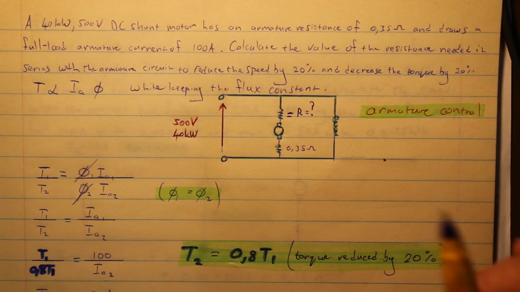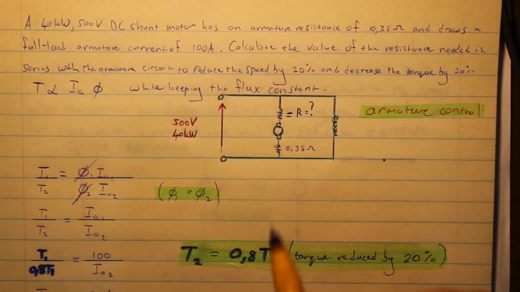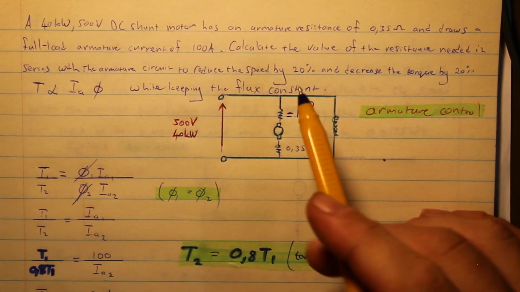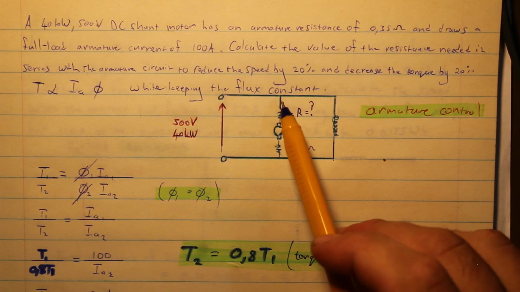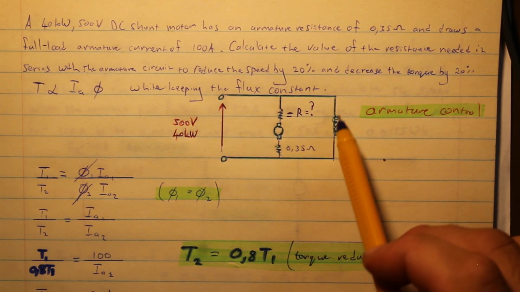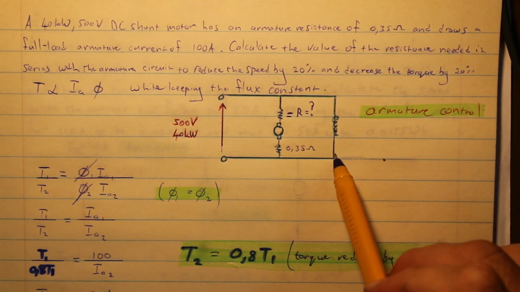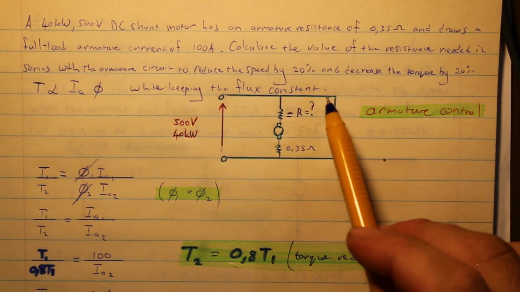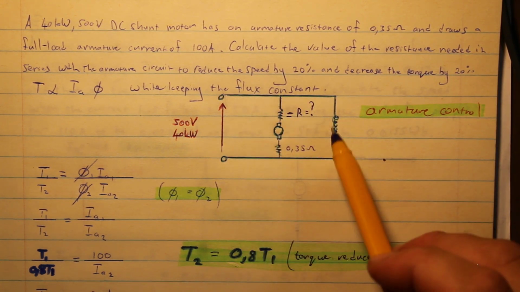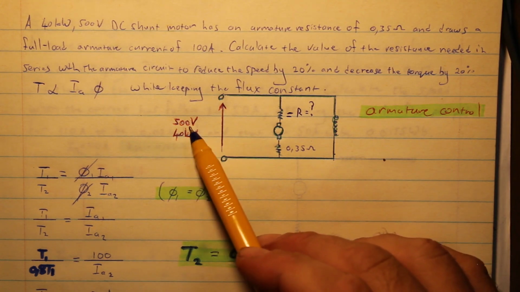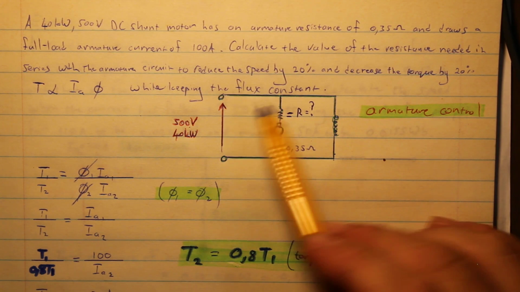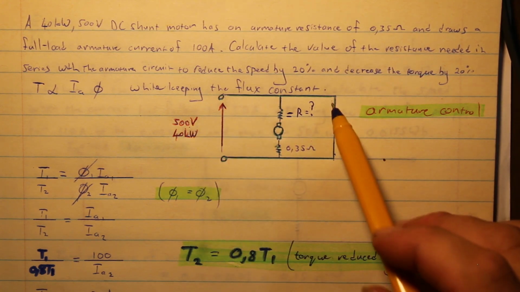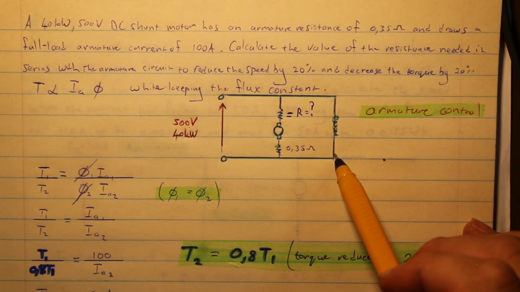And the next important thing we need to know is because it's a shunt motor, we can look at this drawing here and say that the armature is parallel to the field windings. If this motor has a constant voltage, so 500 volts is across the armature, the same 500 volts is also across the field windings.